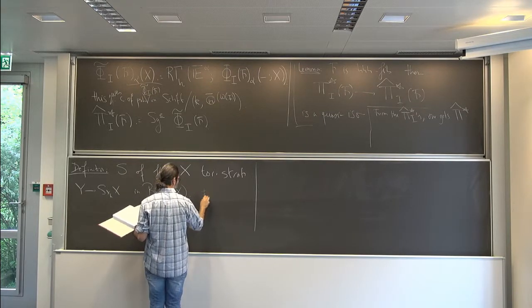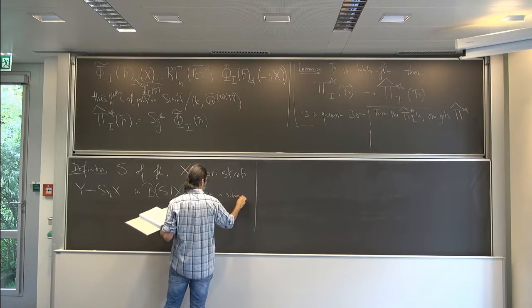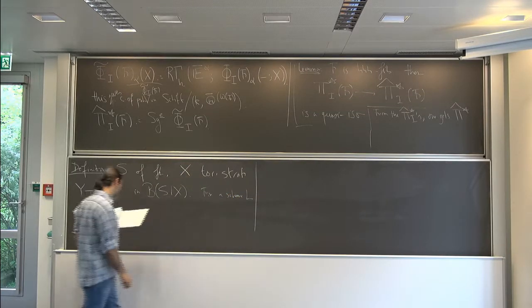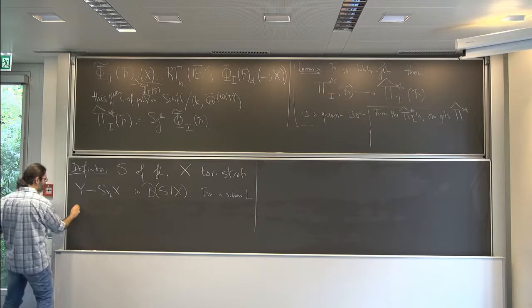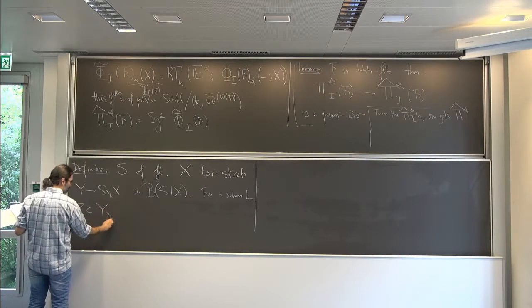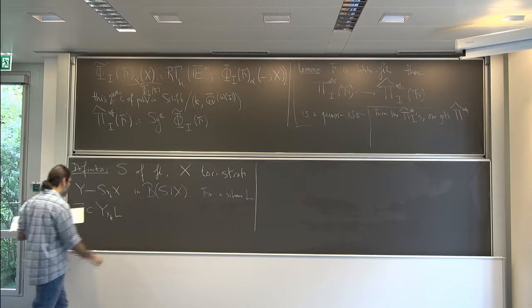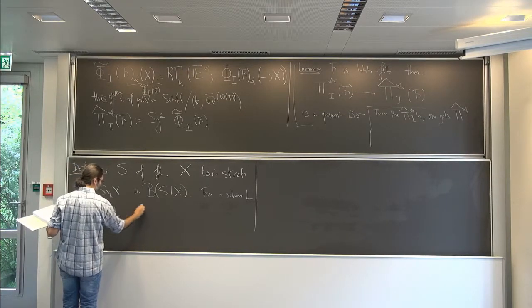Let's also fix some scheme L of finite type, and now let's consider a closed subscheme Z inside Y times K^L. So this is closed.